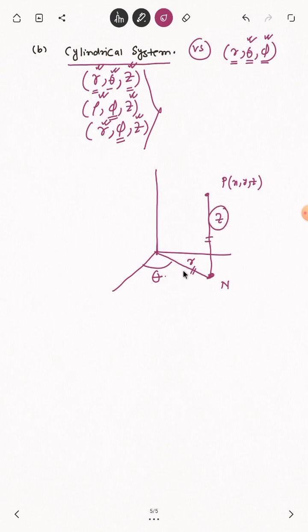So in this type of coordinate system, imagine this as a page of your exercise book, just consider it as a page of exercise book.